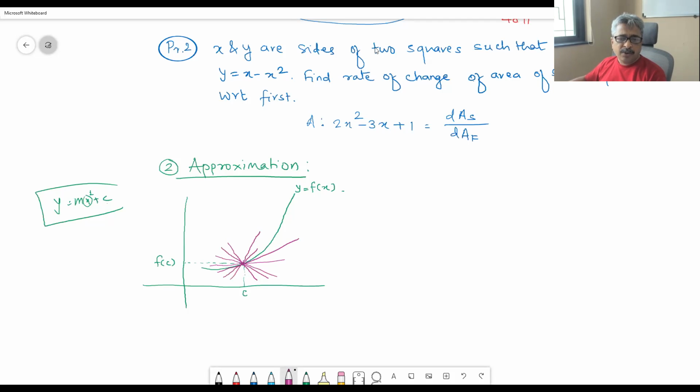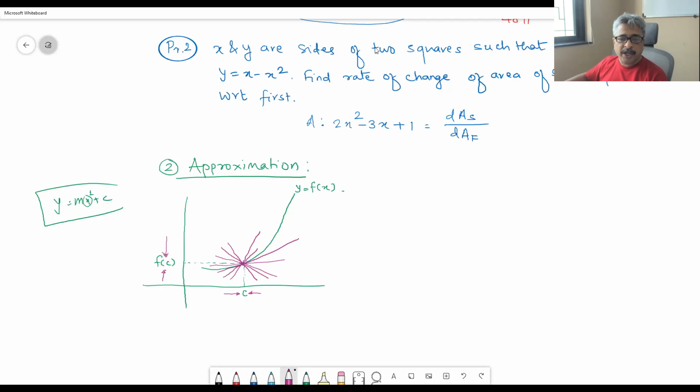So first of all, we'll have to decide what we mean by approximation. By approximation, we should mean as we go near C, or as our x values go near C, our y values should go near f of C. That could be the first definition of our approximation.